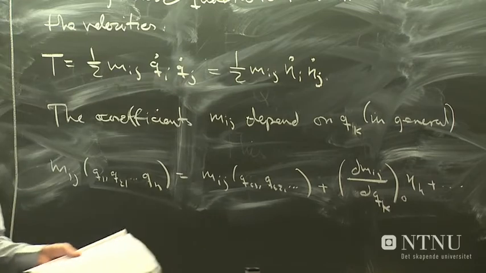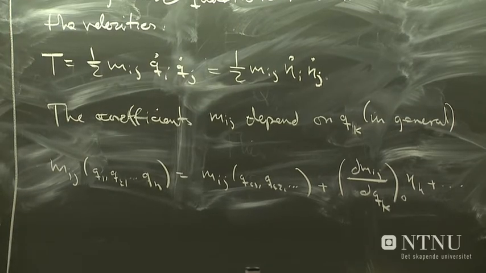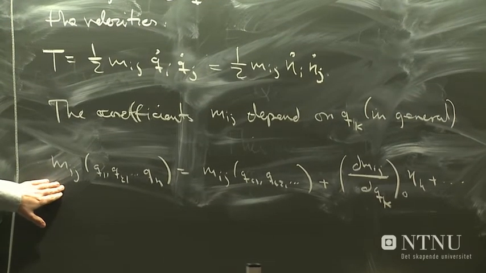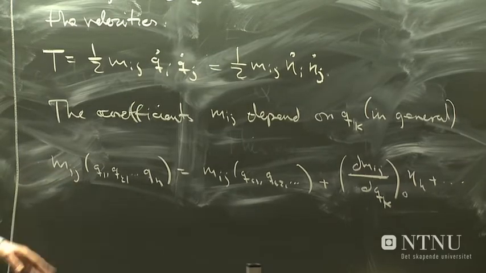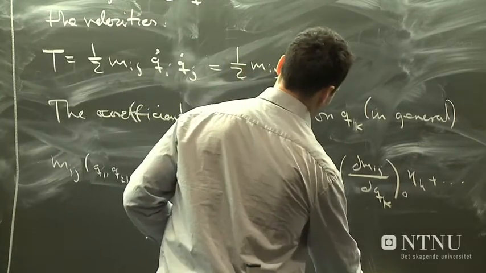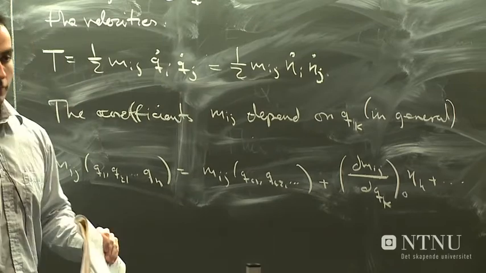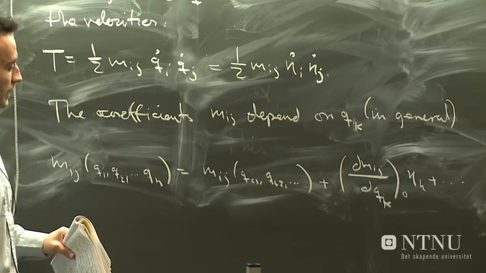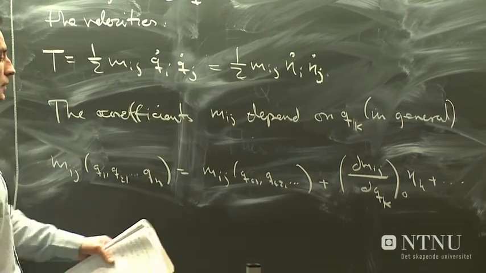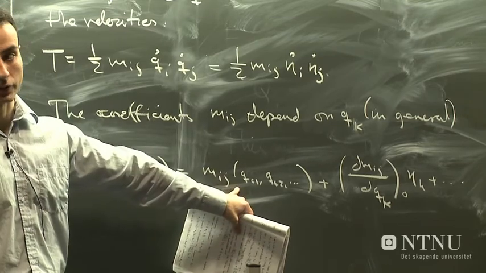Like this. So we perform a similar expansion of the mass terms as for the potential. So again, for the simple case of a free particle that we may be accustomed to, only this constant term would contribute.